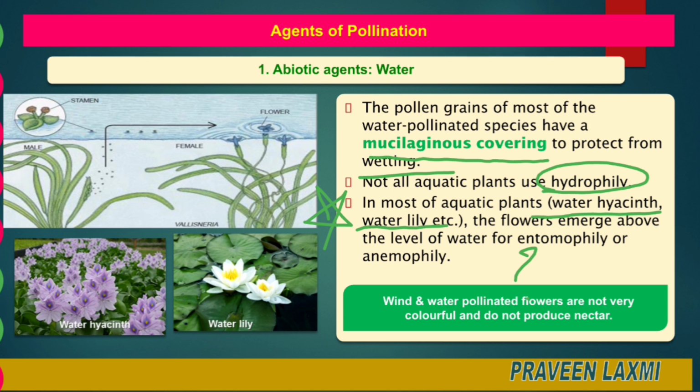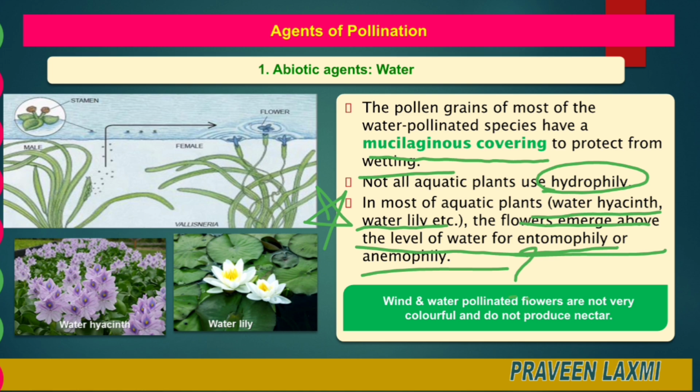Sometimes you can expect a 2-mark question: even though water lily, water hyacinth or lotus grow on the water, why don't they undergo hydrophily, or pollination by water? The reason is that these flowers emerge above the level of water. So they undergo entomophily and anemophily, that is, pollination by wind as well as insects. Am I clear, students? Right.